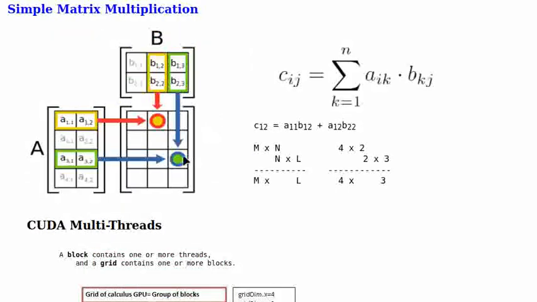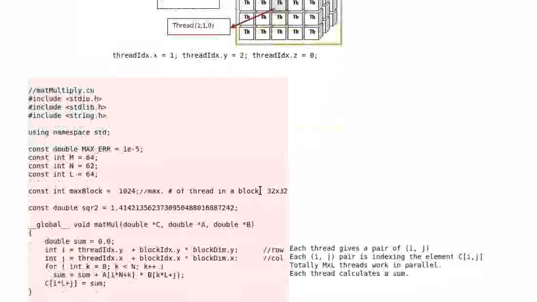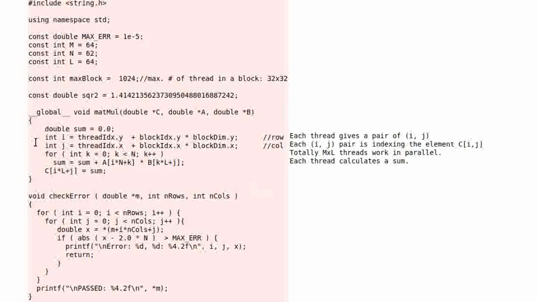An ij element of C is handled by one thread, in a particular block. So ij can be calculated in this way.